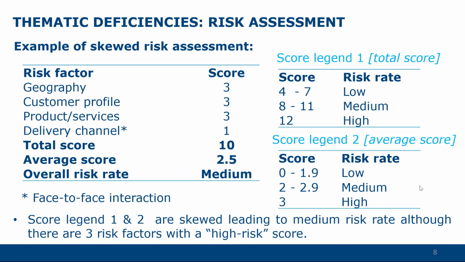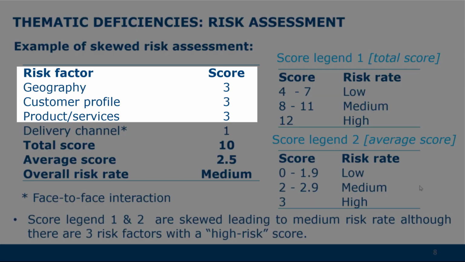In this example of a skewed risk assessment, we have an extract of a risk assessment where the entity in question considered the 4 pillars of risk assessment: geography, customer profile, products and services, and delivery channel. Geography, customer profile, and products and services were all assigned a high risk score of 3.